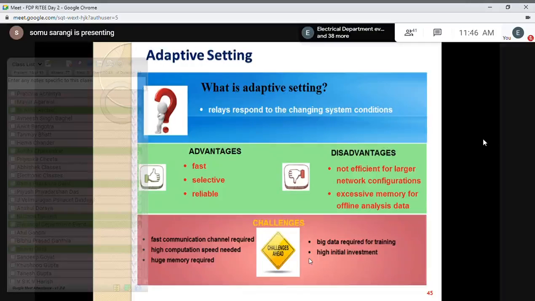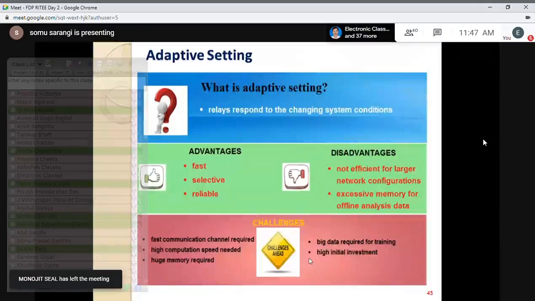Like in the case of PV, the irradiance is continuously changing, so the current coming from the PV is also changing. Because of such things, there is continuous variation in the system condition. So the relay setting, which must consider the variation of our source, is not fixed. So we have to go for adaptive setting.